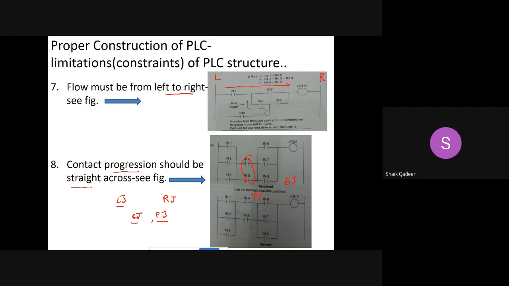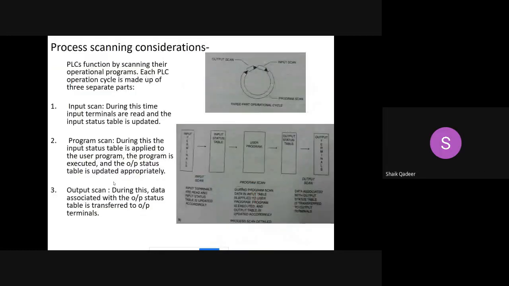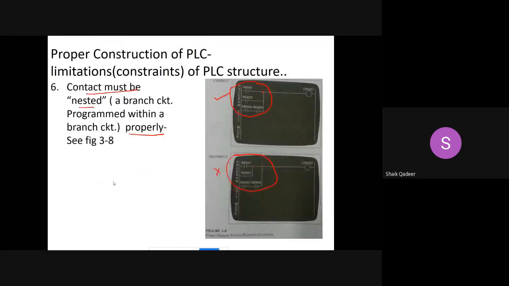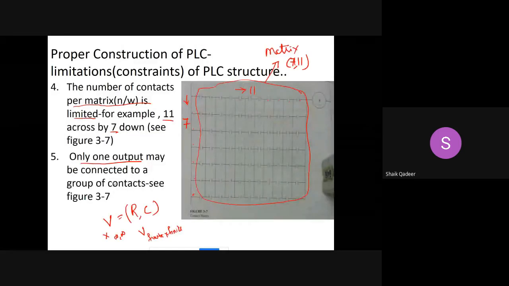In this particular case, it is intended to justify your contact in the top justification way, not the bottom justification. So that is written as contact progression should be straight across. Hope it is clear to everybody. These 8 rules, if we write them, we will get 10 marks if asked in the examination.